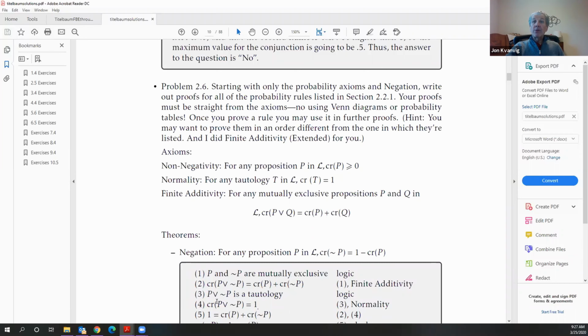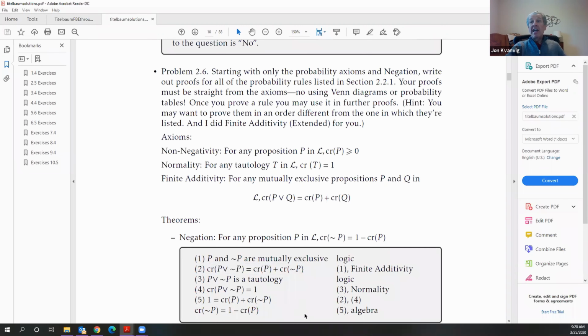And that means if we substitute what we had at line 2 into this formula, we get that 1 is the credence of P plus the credence of not P. And then by simple subtraction, that shows that the credence of not P is 1 minus the credence of P.